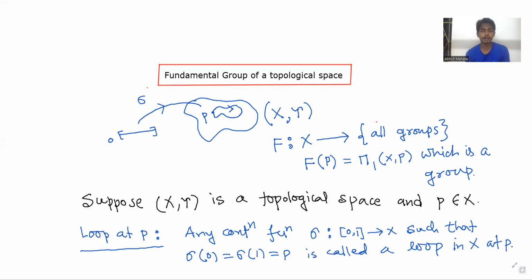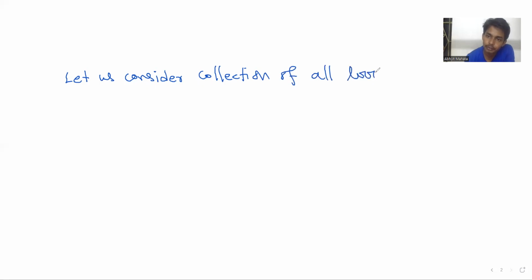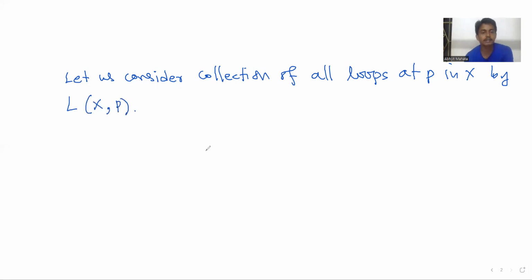Let us consider the collection of all loops at P in X, which I denote by L of X comma P. This is the collection of all loops in the space X at the point P. Now let's define a relation, called the homotopy relation.